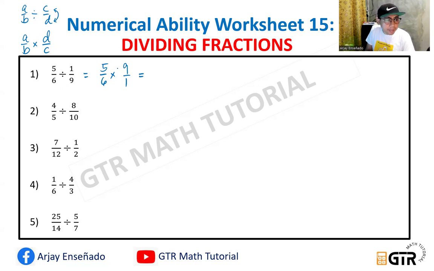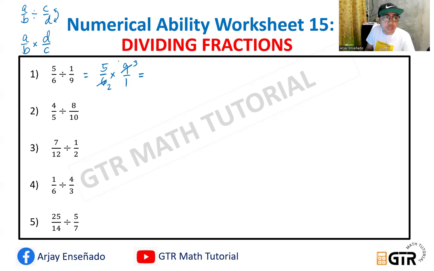So saan ba pwedeng i-divide itong 9 and 6? Meron tayong GCF ng 9 and 6 ay 3. So i-divide natin ito parehas sa 3. Divided by 3, divided by 3. So ito ay magiging 3, and then itong 6 divided by 3 ay magiging 2.